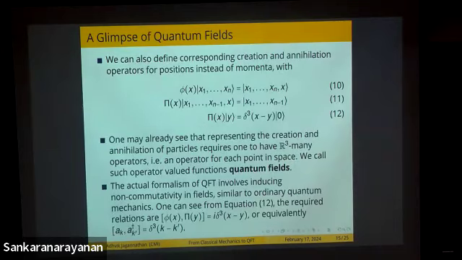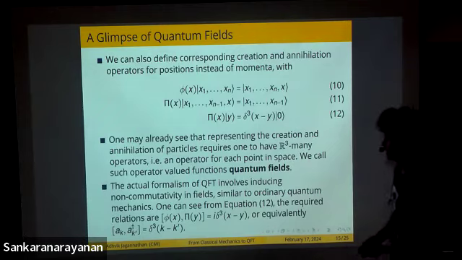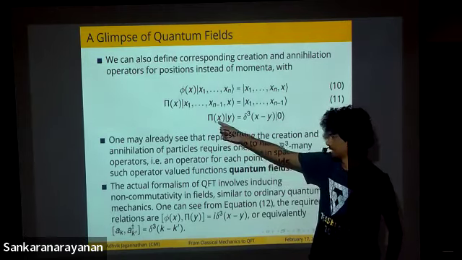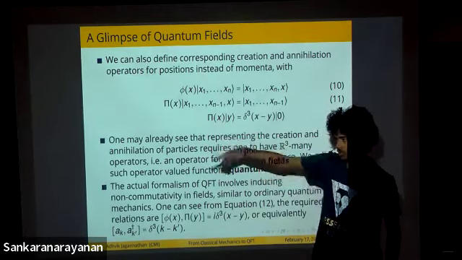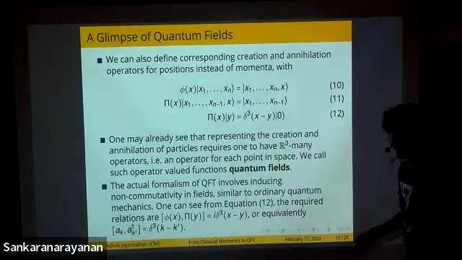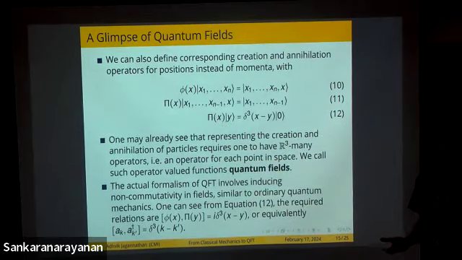Now that we've introduced these creation and annihilation operators, you can see that the labels on each of these is x, a position or a momentum in the previous case. And there's R3 many positions and momenta.